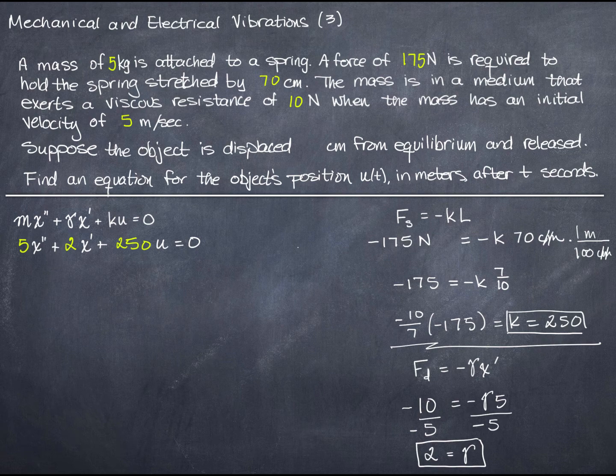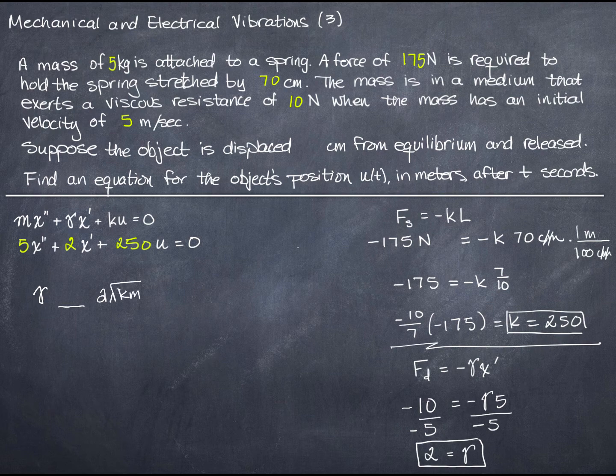Well, the good news is we have a pattern now. We know what solutions to these things will look like under certain conditions. One of those conditions is what happens when I compare gamma to 2 times the square root of km, or mk.